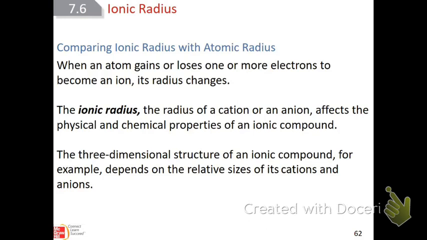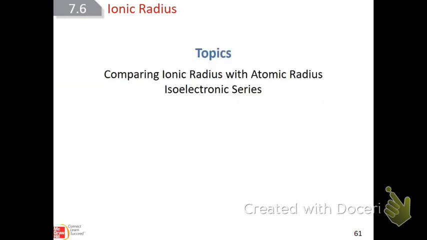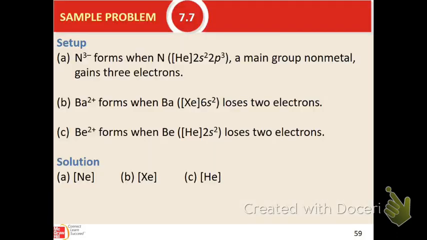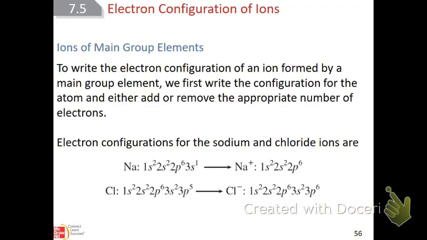Atomic radius. I challenged you at the end of the last video to decide what's going to happen to the ionic radius. Let's go back here and talk about these two. Here is the atom sodium.